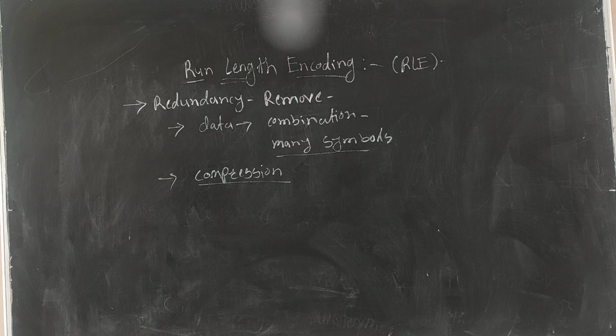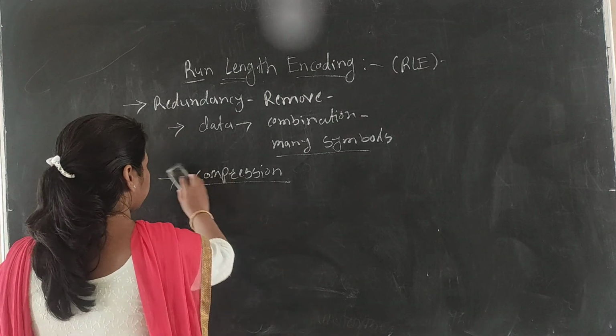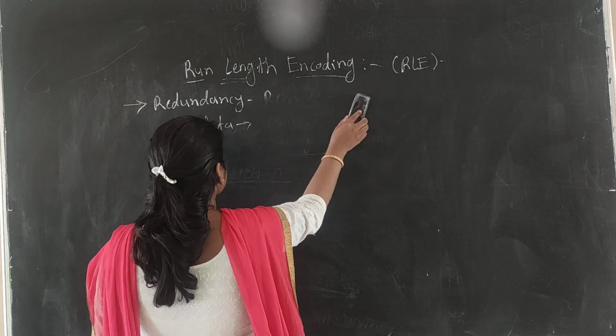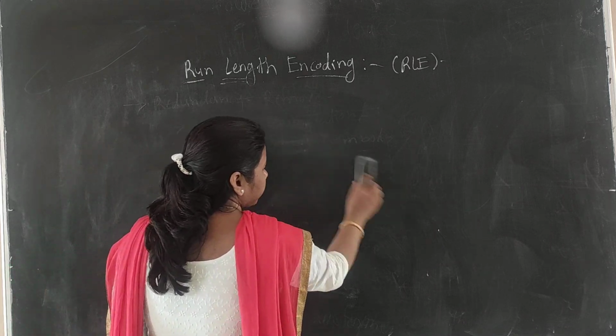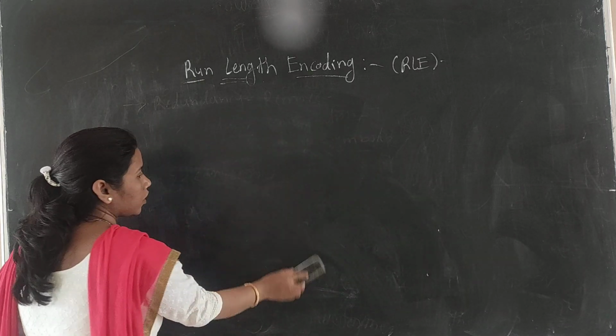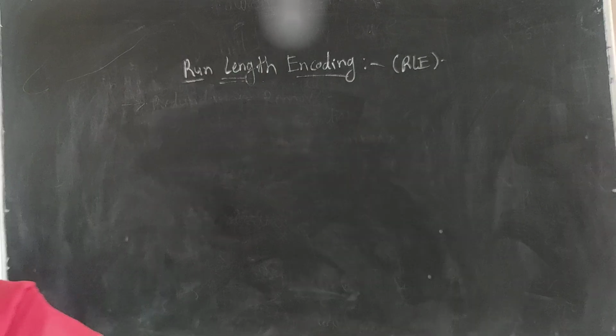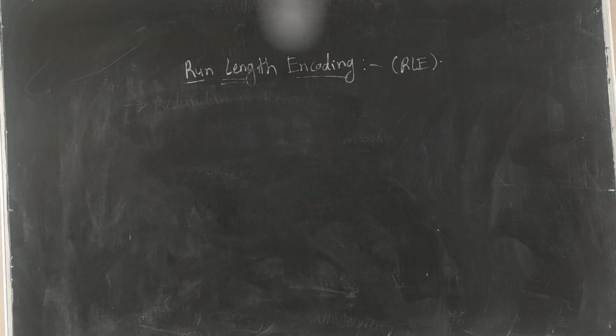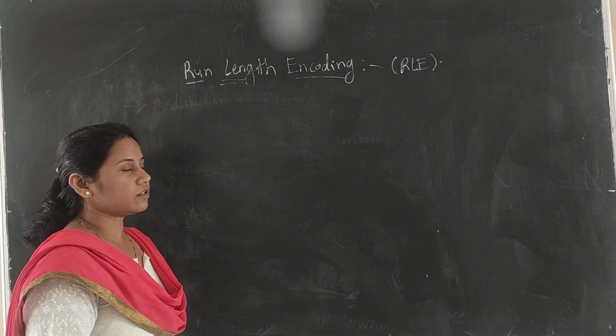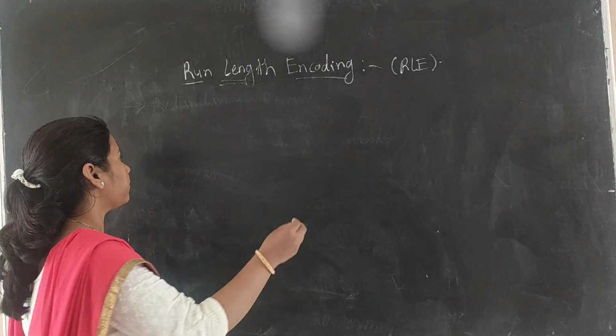Encoding means we convert the given data into another form to reduce the memory size and the channel size, and that's why there is a compression of the data.